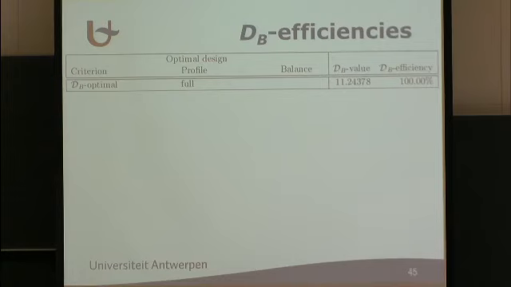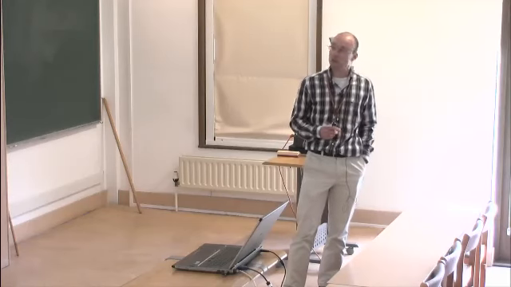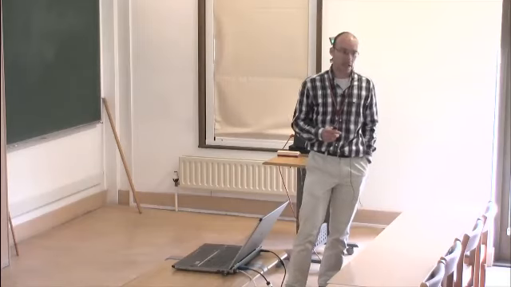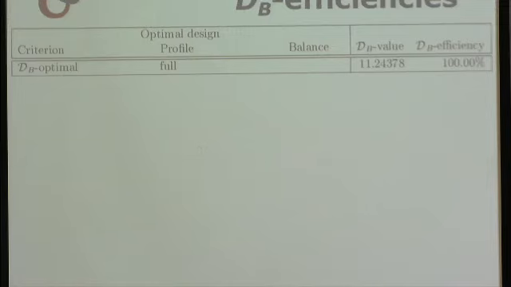As I said, the full profile design created using the Bayesian d-optimality criterion is the one we use as a benchmark. That's the design we use in the ideal scenario where the respondents have unlimited cognitive capabilities and can handle any number of attributes. In that case, our dB value is 11 and a bit, 100%.